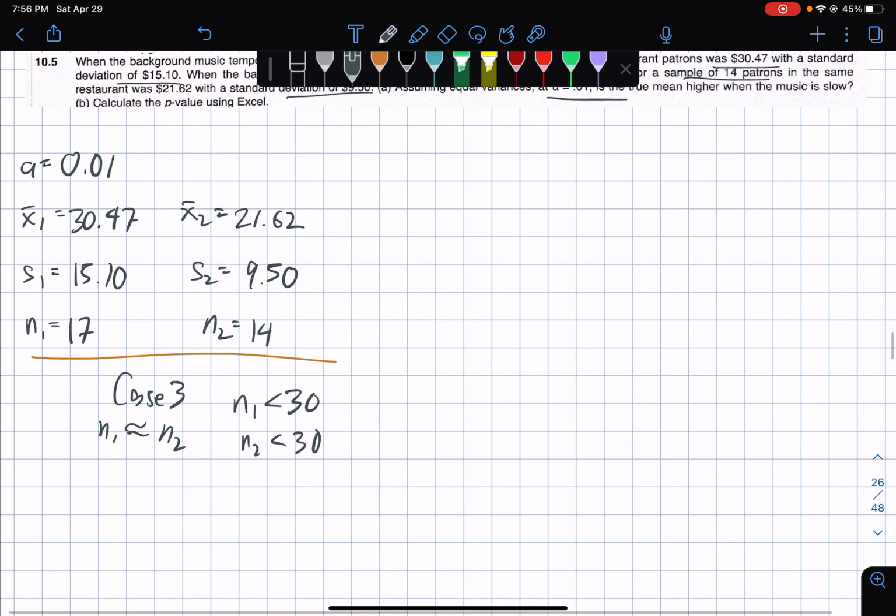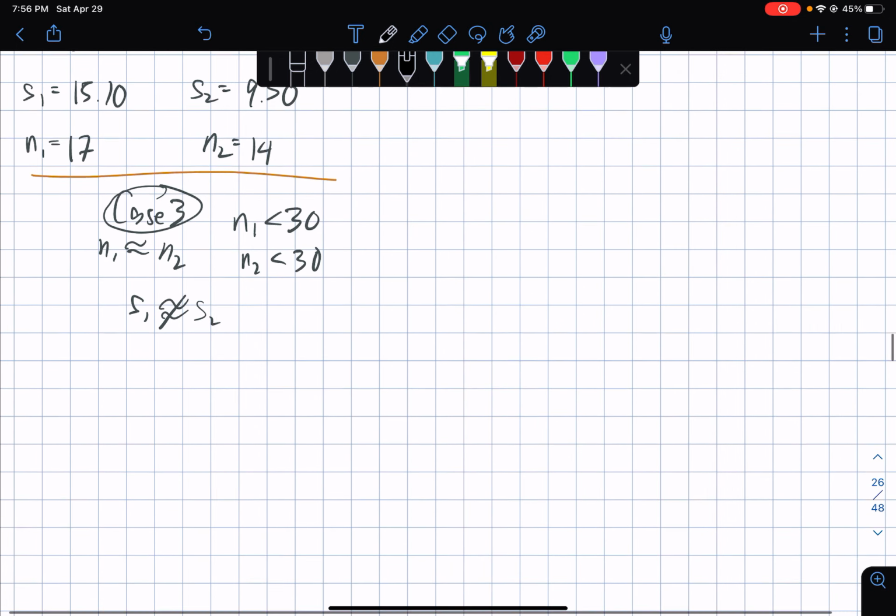Besides that, S1 is not equal to S2. They're not roughly equal. 15 is far from 9. So if it were case 2, then they're supposed to be roughly equal, but it's not the case. So therefore it's case 3.